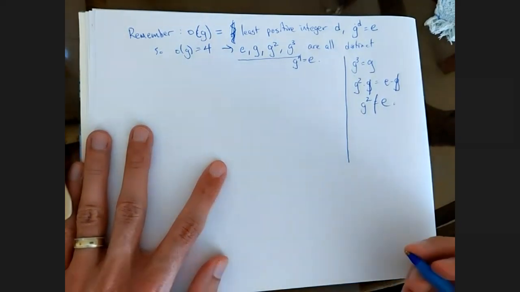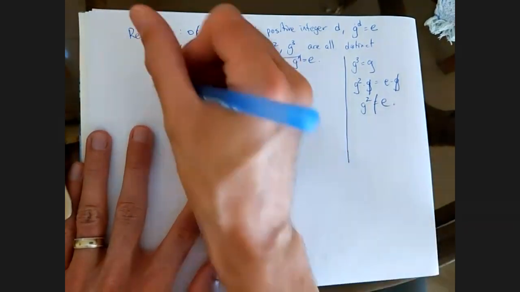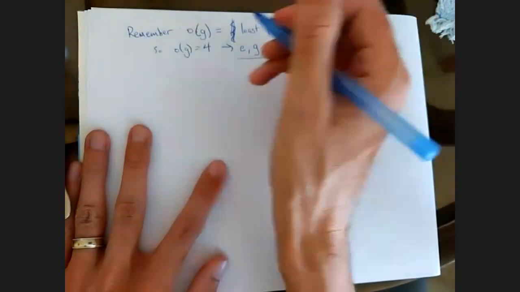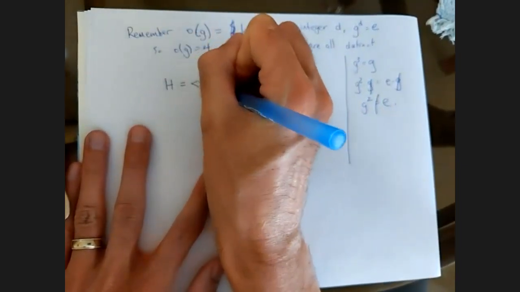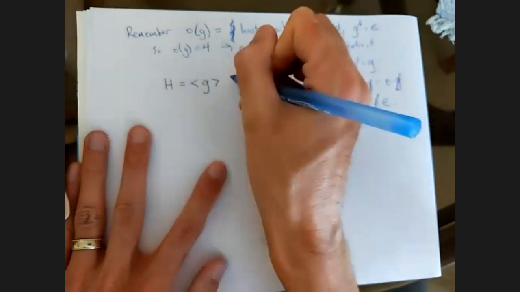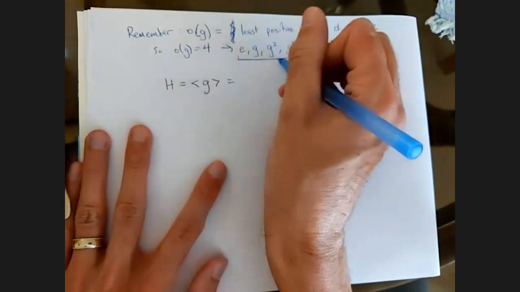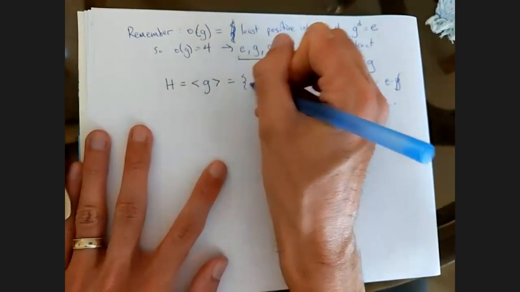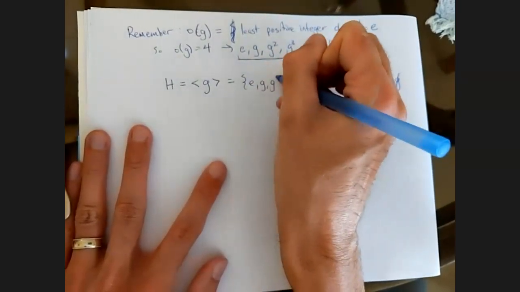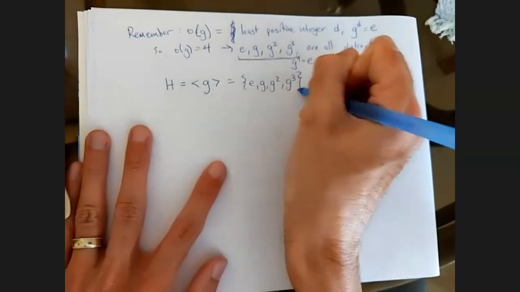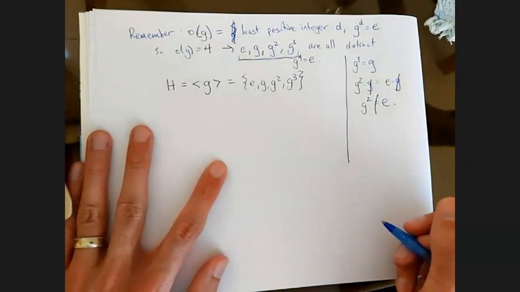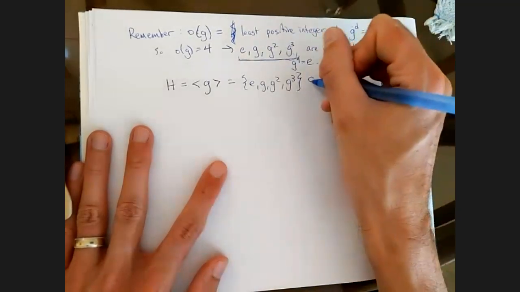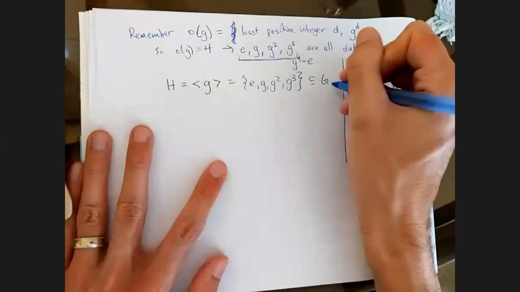Just as an example. Now if g has order 4, we can let H be the subgroup generated by g. Since these 4 things are all distinct, that's a subgroup consisting of these elements. So the subgroup generated by g has 4 elements. It's sitting inside G, which also has 4 elements.